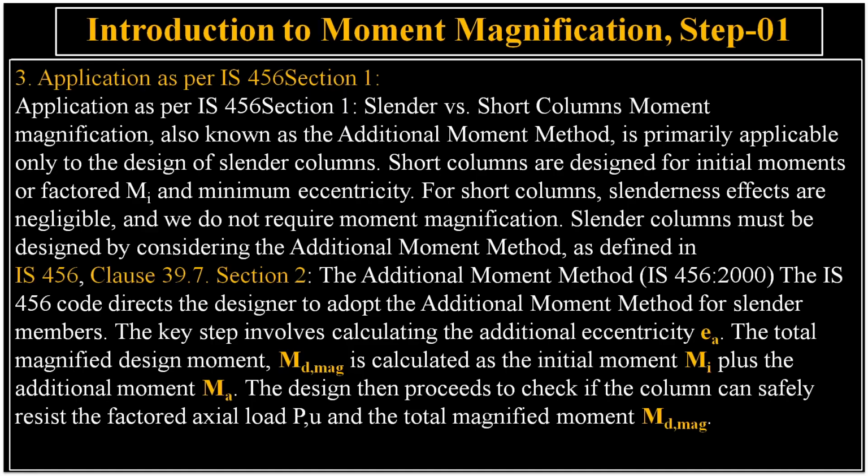The total magnified design moment, MD mag, is calculated as the initial moment MI plus the additional moment MA. The design then proceeds to check if the column can safely resist the factored axial load Pu and the total magnified moment MD mag.